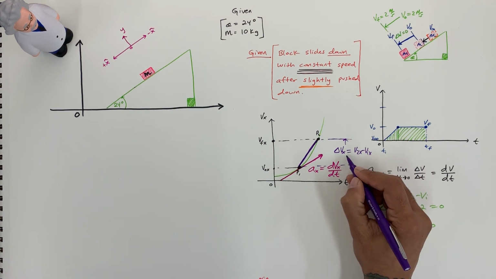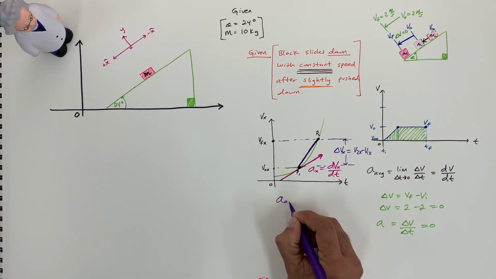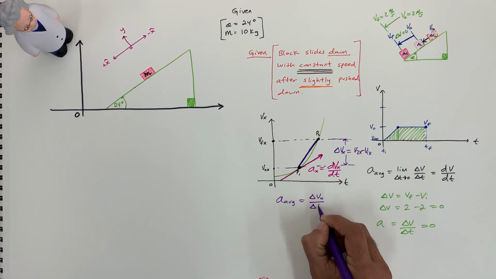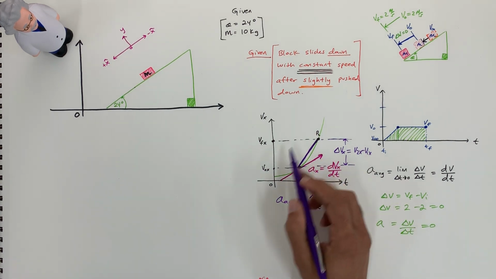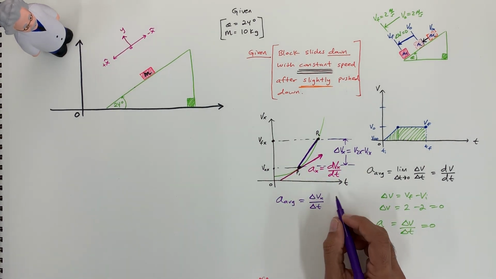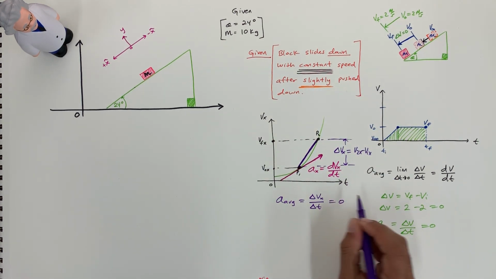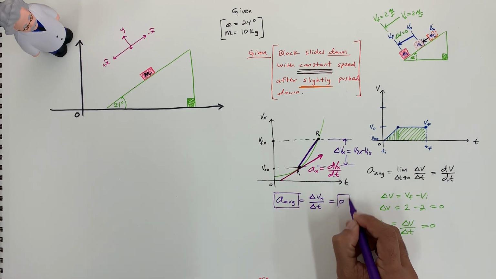That's this right here. So average acceleration is the change in velocity in x over the change in time. So this is the difference. And for this problem, because they said constant speed, this is 0. So our average acceleration is going to be 0.